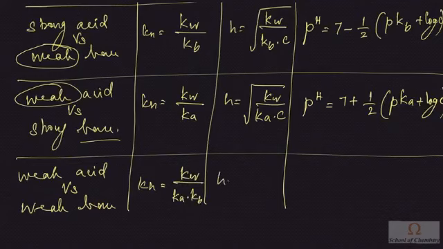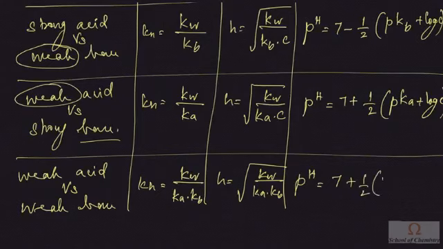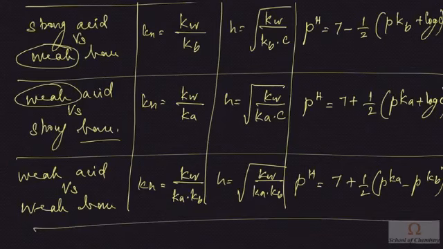And even for h, I'll have KW in the numerator and Ka, Kb in the denominator. Very simple. When it comes to pH, I'm not sure of the nature, so that's why it is 7 plus half into pKa minus pKb, the difference between pKa and pKb. That's it.